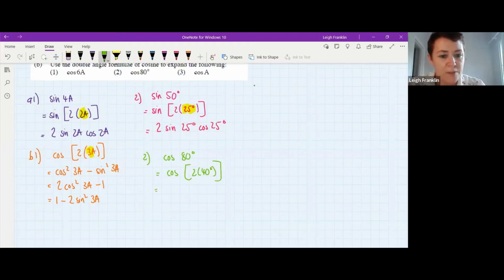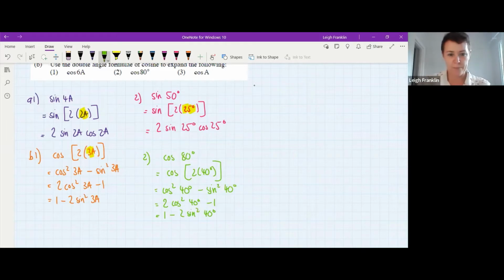That gives me cos squared 40 minus sine squared 40. Or it gives me 2 cos squared 40 minus 1. Or if I wanted to write it only in terms of sine, I could write it as 1 minus 2 sine squared 40.